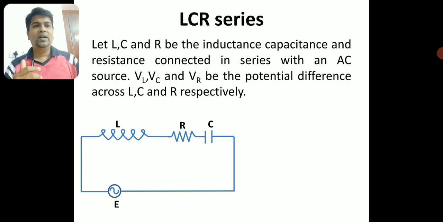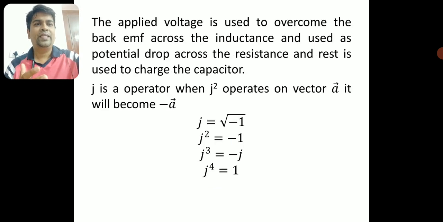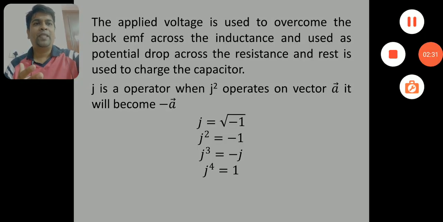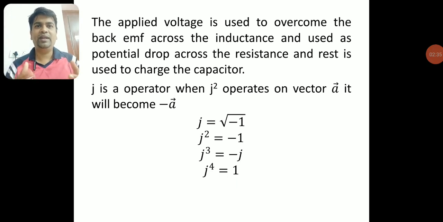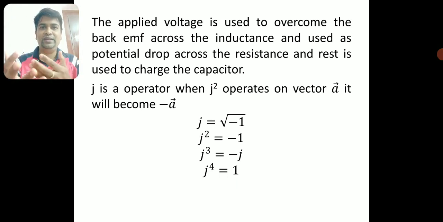Now, applied EMF means the EMF applied by the battery to these circuit elements like inductor, capacitor, and resistor. This EMF is partly used to overcome the back EMF across the inductance, and partly used as a potential drop across the resistor, and the rest of the potential is used to charge the capacitor.